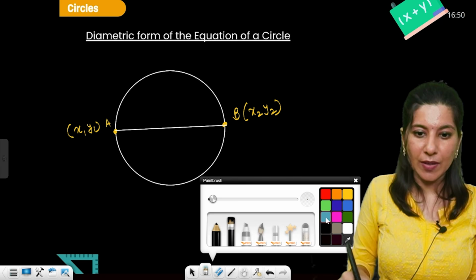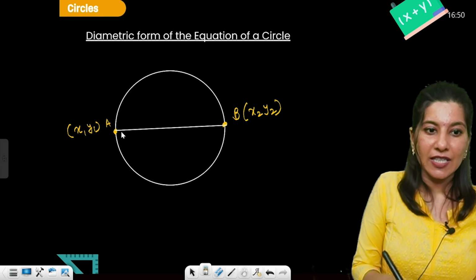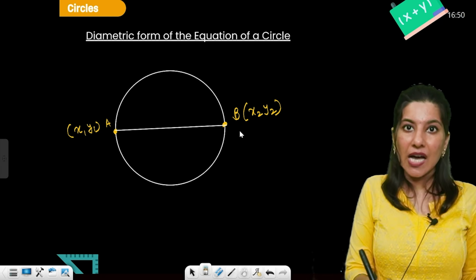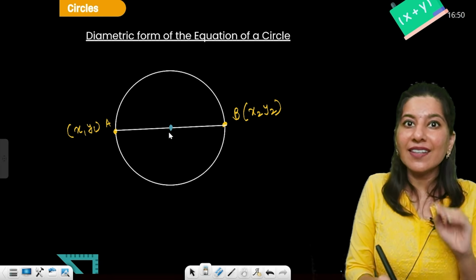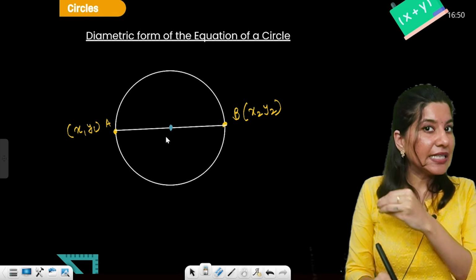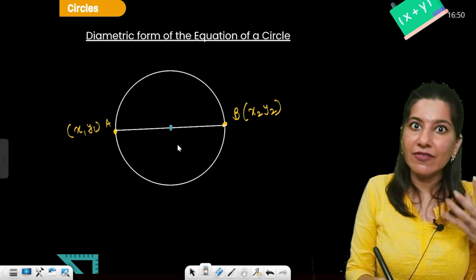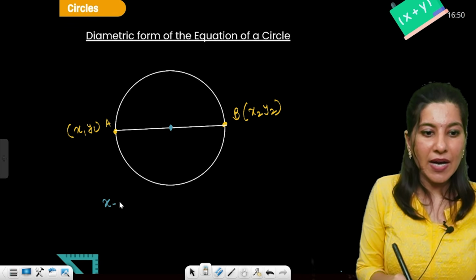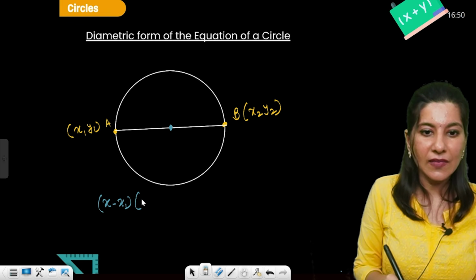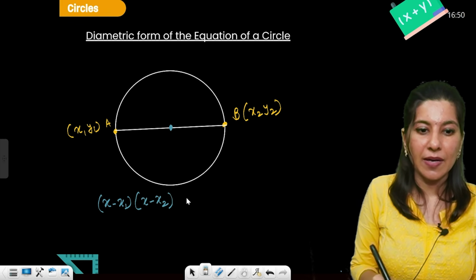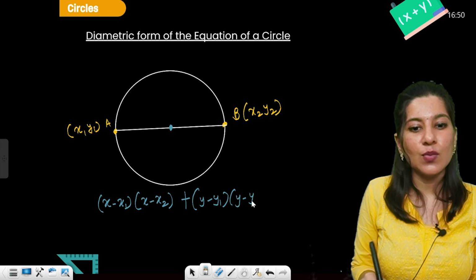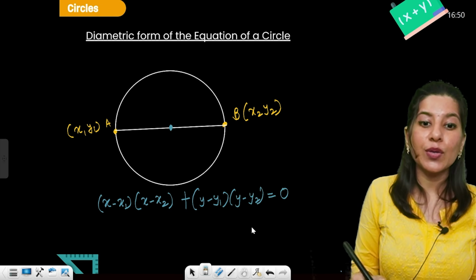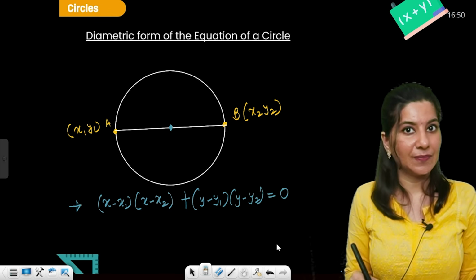So A and B are two extremities of the same diameter. If that is given, then you can easily write the equation of that circle. It is (x minus x1)(x minus x2) plus (y minus y1)(y minus y2). This is how you write the equation of the circle.